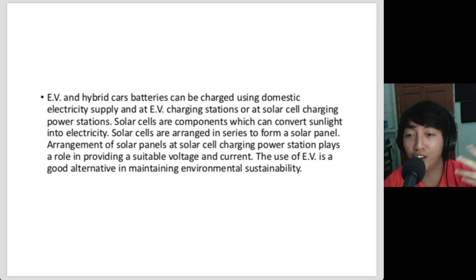So there's a bit of an argument there. And when it comes to electricity and sustainability, it's a global debate: what is the most sustainable source of energy? It gets worse when money comes into play.